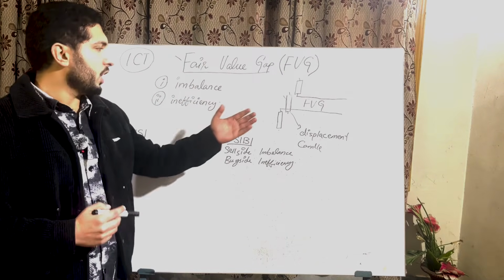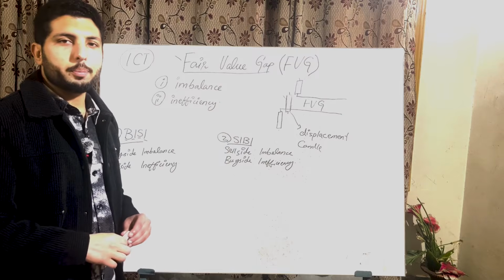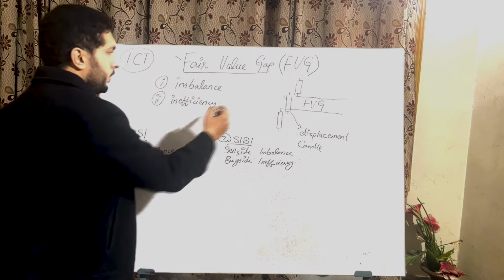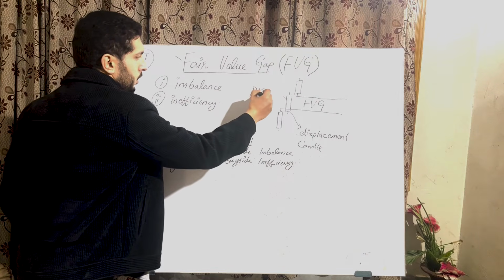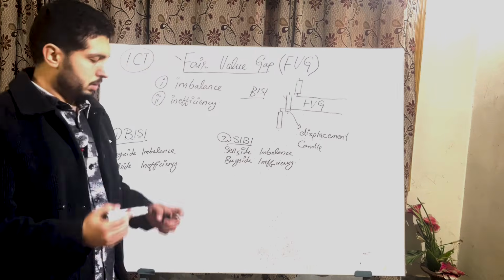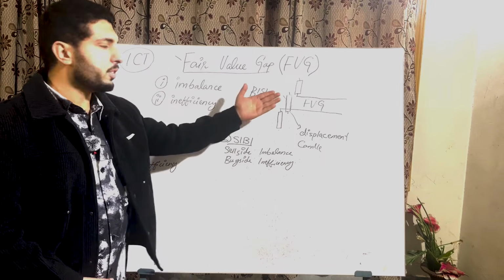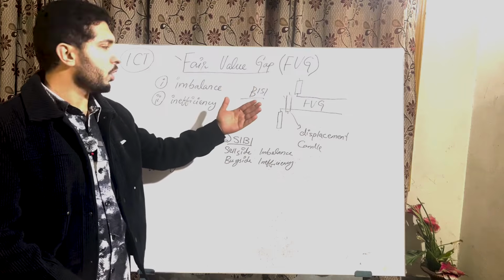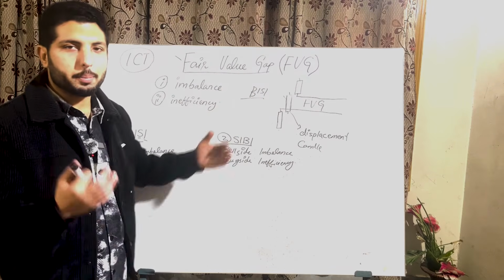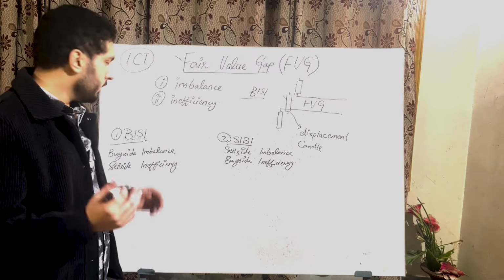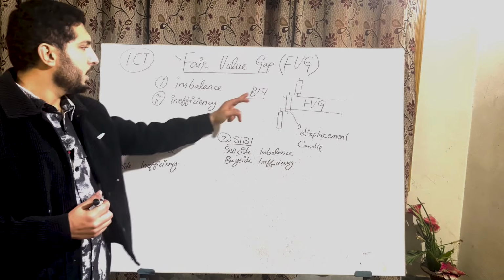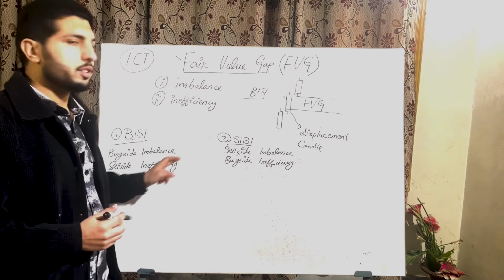The example which I drew on the board is the example of BISI. The gap is created to the upside, or you could say it was created by the buyers. So that's the reason it is buy side imbalance and sell side inefficiency.